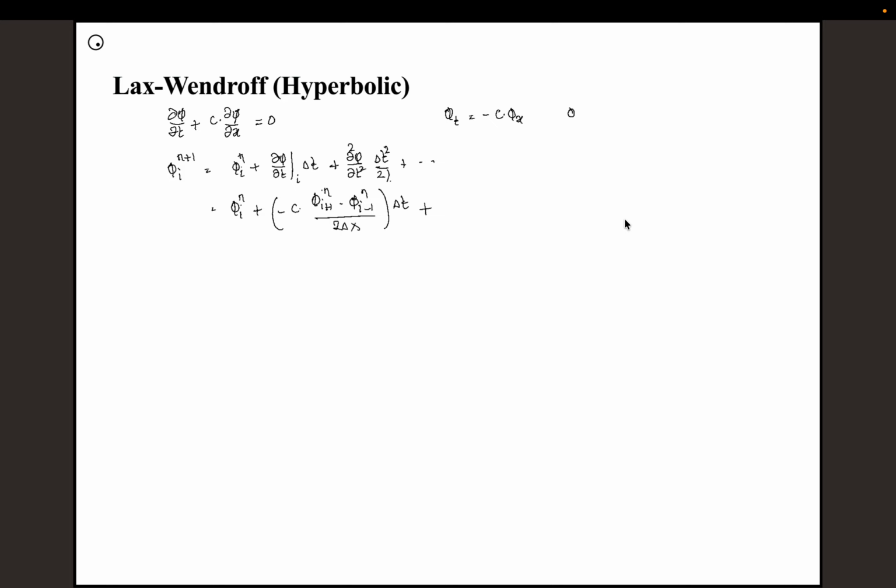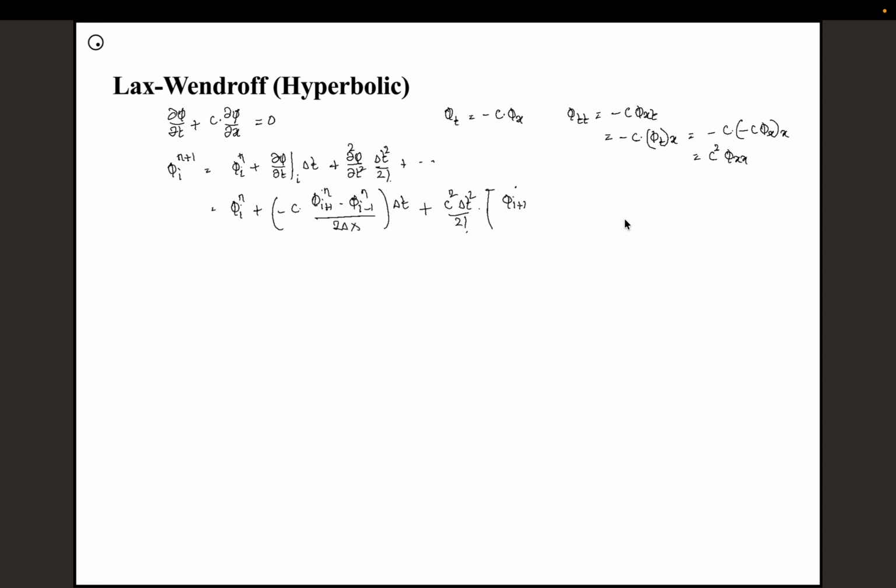So I can take another derivative: phi tt is minus c times phi xt, is minus c times phi tx. Phi t is again minus c times phi x. This will give me c square phi xx, so plus c square delta t square by 2 factorial times phi xx.